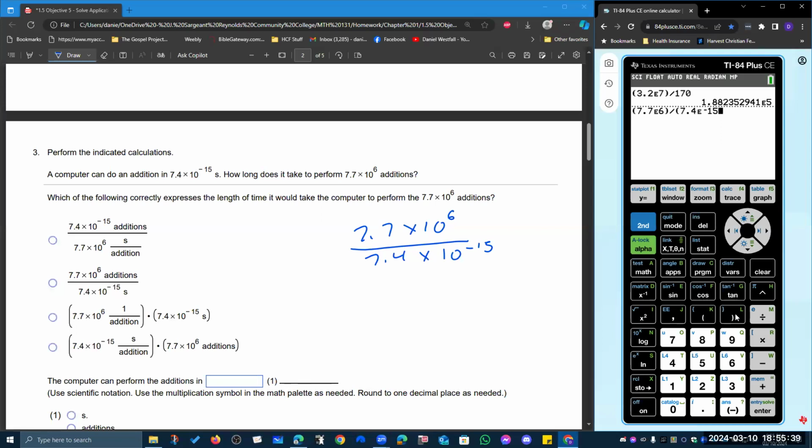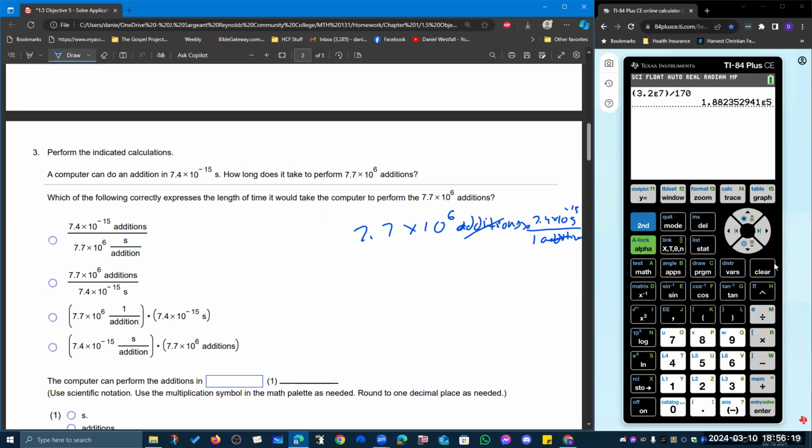No, that's not right. Write this out with units. So this is additions, and then this is per 1 addition, 7.4 times 10 to the negative 15th seconds, and additions will go away. And this is seconds, so it's multiplication.